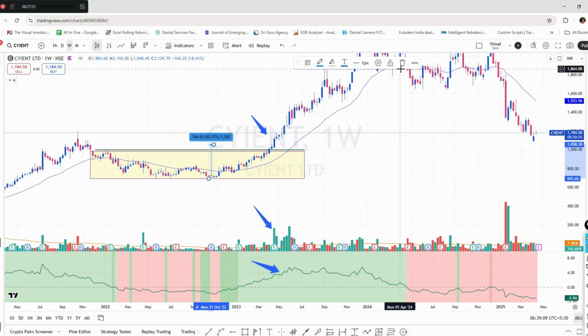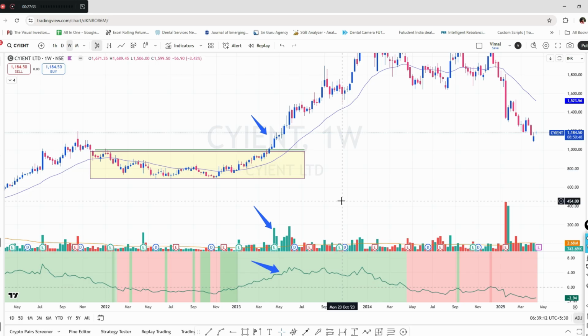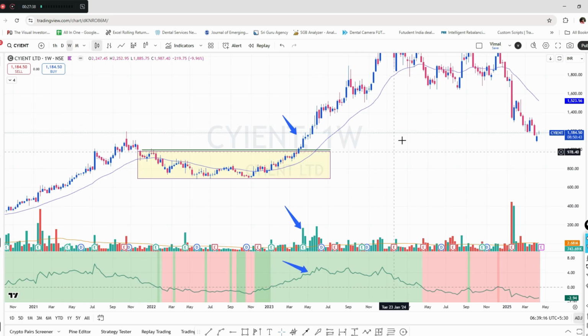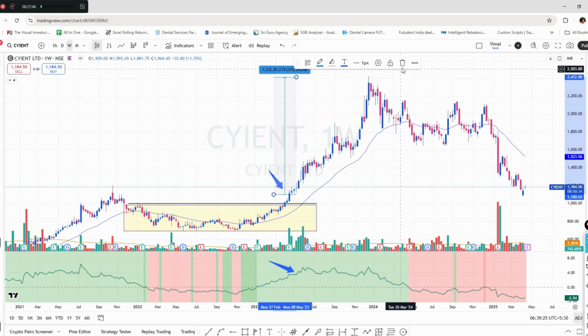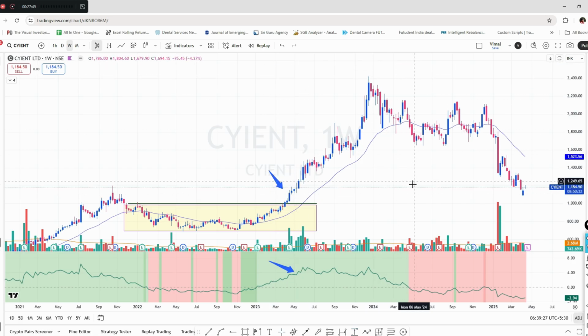So all of Stan's framework fits well here. From the breakout time, the stock would have given around 118 to 119% before it started to fall off.